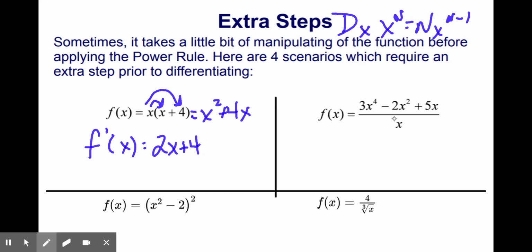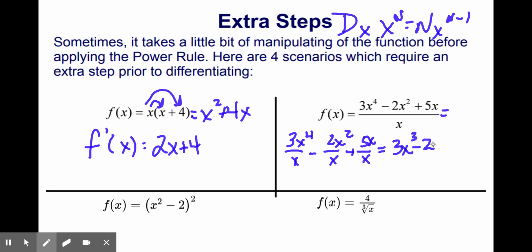Over here, f of x is equal to 3x to the fourth minus 2x squared plus 5x over x. There's a couple ways you can handle this. You could put x underneath all three of them. Some people like to do that. And just write 3x cubed minus 2x plus 5.